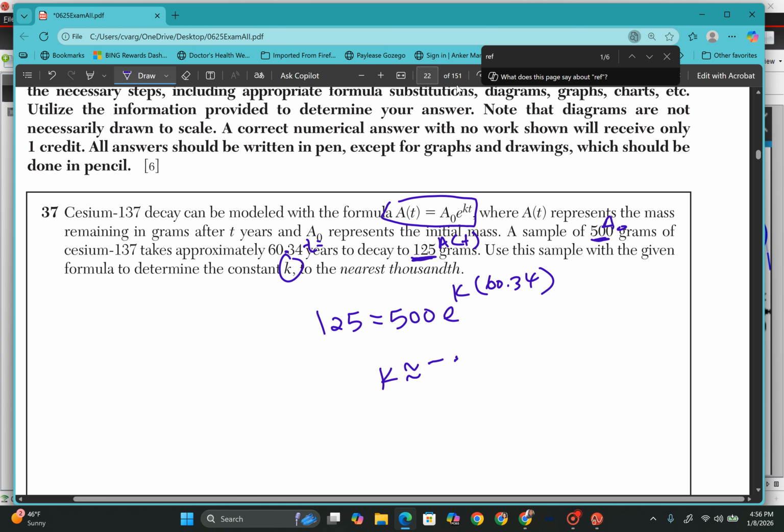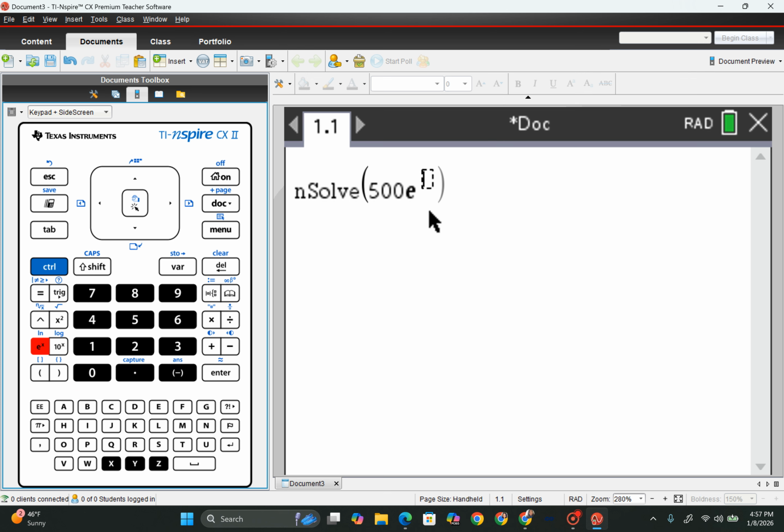So 500e to the 60.34k, which we can put x for now, go to the right, and then we put equals 125, and then we put comma, right? And then we're looking for, we called it x. And so you get this number right here, which we're rounding to the nearest thousandth, so it's negative 0.023. Okay, that's how we get that.